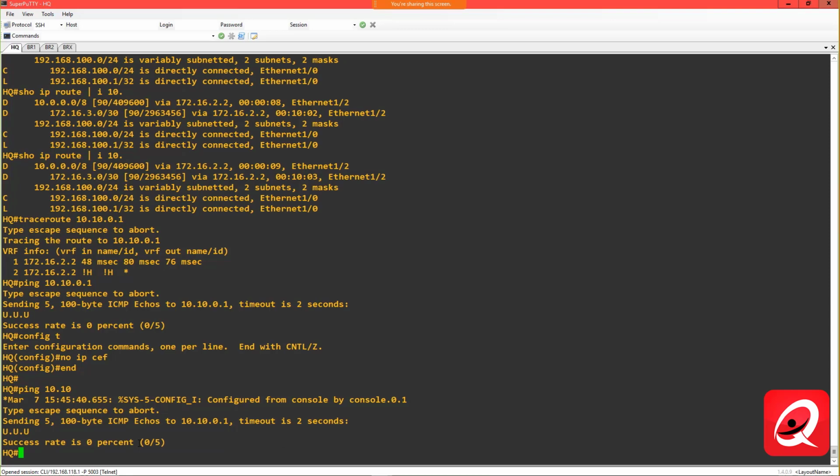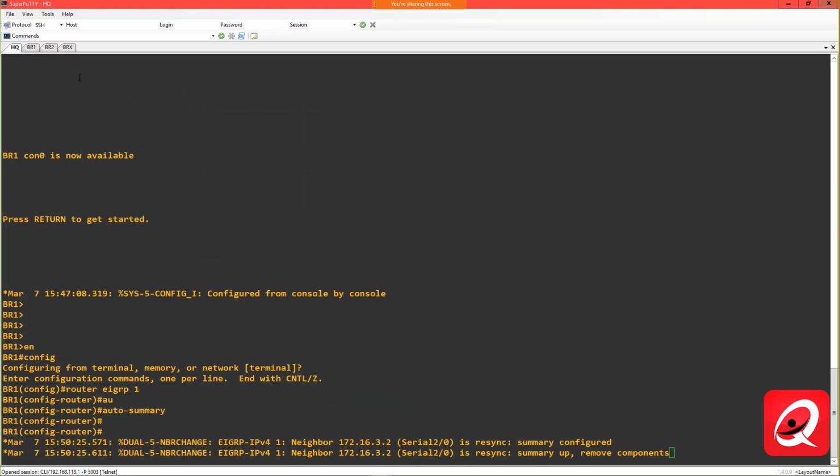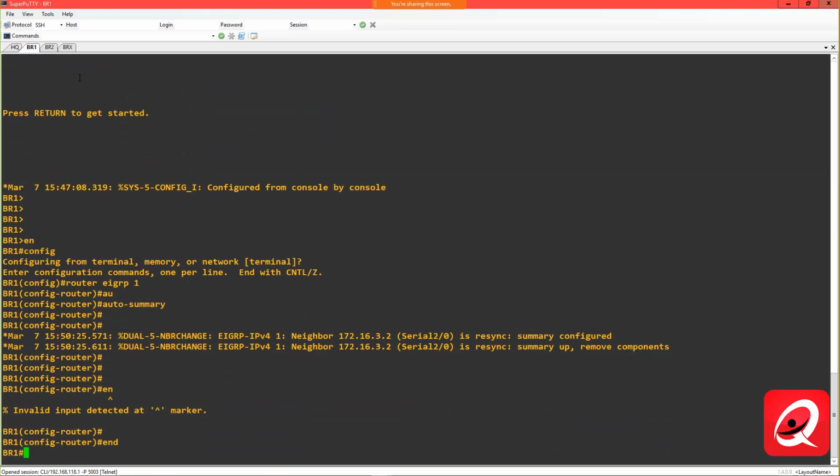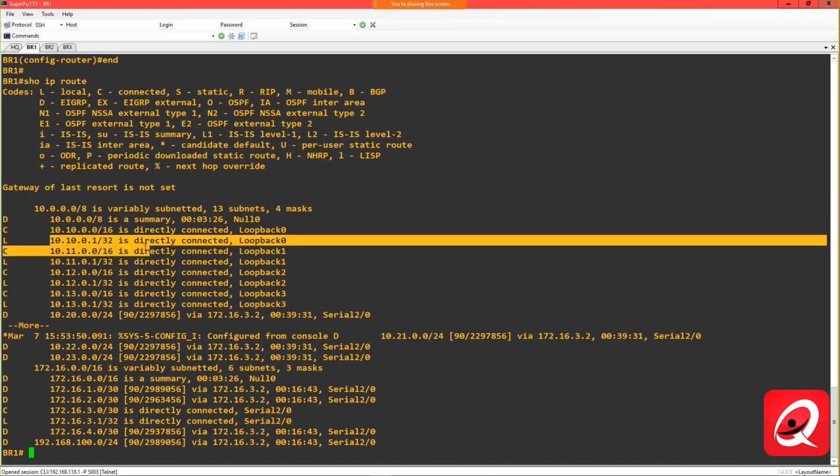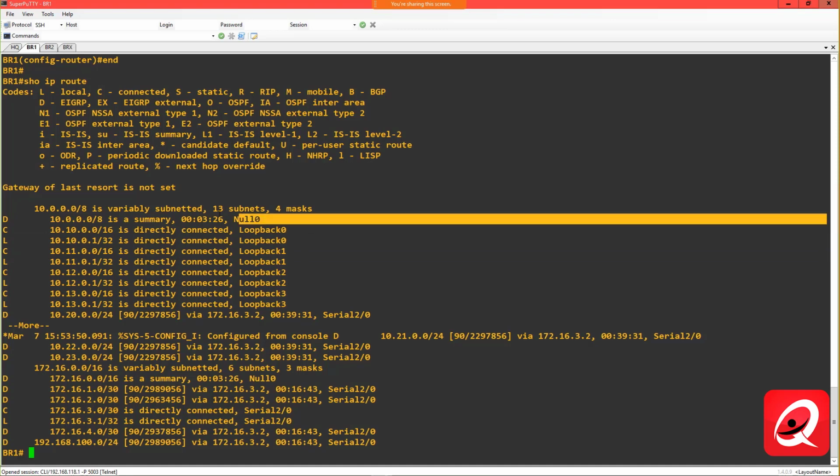And that has to do with how routers are advertising those summaries. If I go into BR1, for example, and I do a show ip route, you will notice here that not only do we have the local 10 route, there's our 10.10.0.1 right there, but we also have this Null0 route. And when we applied this auto summary feature, it applied to the entire routing process. It didn't apply to a specific neighbor adjacency.